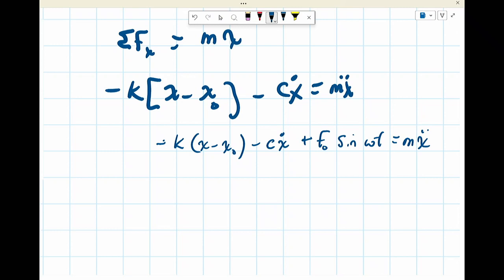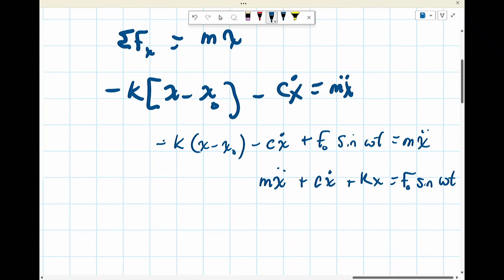So I'll end up with this expression: mx double dot plus cx dot plus kx is equal to F naught sine omega t. So the difference between these two cases is that this is the unforced case, and this is the forcing.